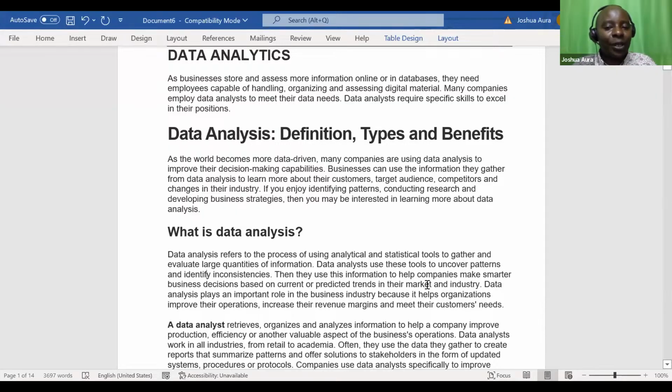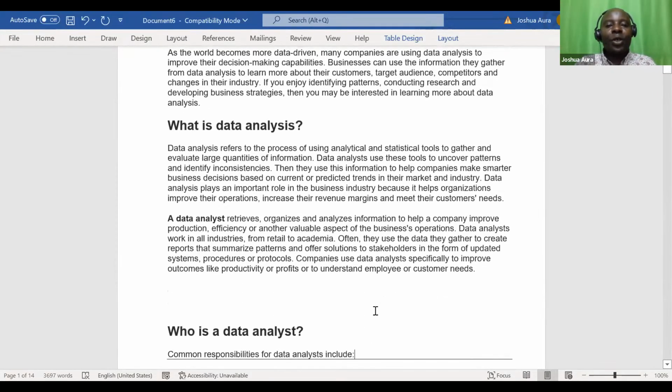Data analysis plays an important role in the business industry because it helps organizations improve their operations, increase their revenue margins, and meet their customer needs. A data analyst retrieves, organizes, and analyzes information to help a company improve production, efficiency, or another valuable aspect of the business's operations.